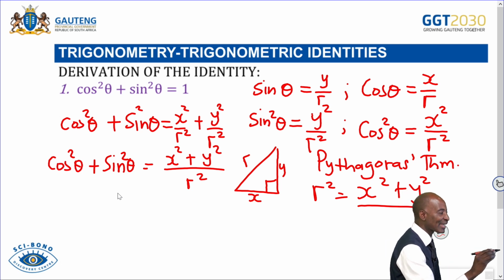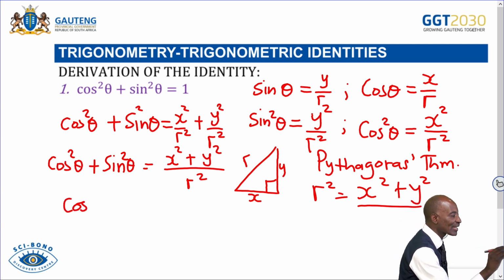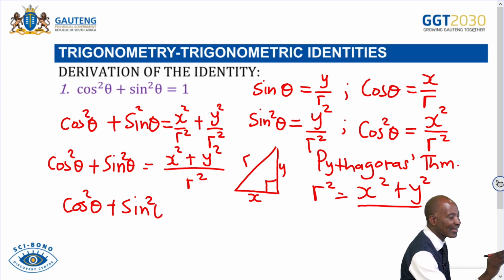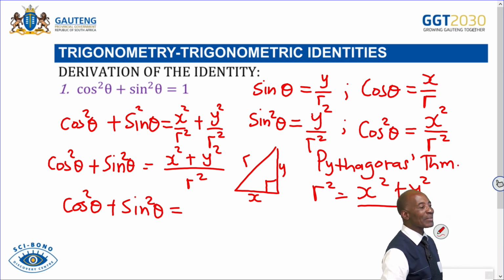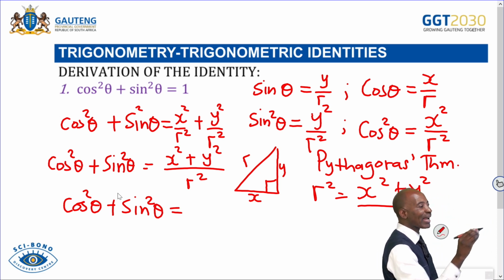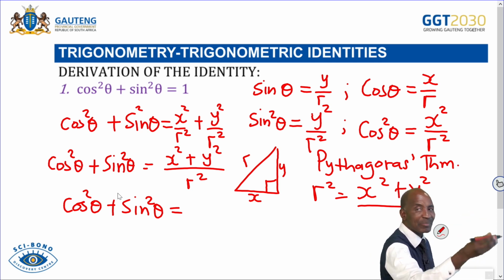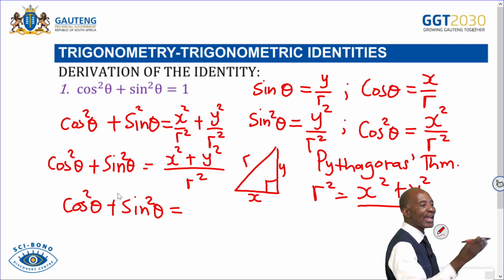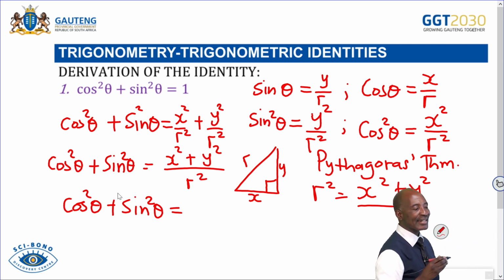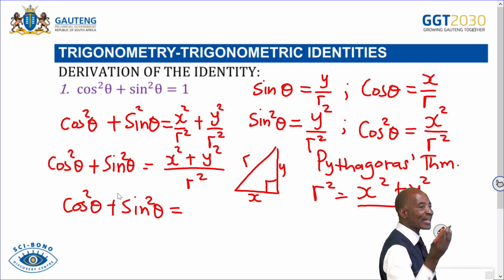Therefore, what are we saying here? We are saying cos squared theta added to sine squared theta is equal to, I'm going to replace my x squared plus y squared using r squared, because I have established that relationship amongst those three in a right-angled triangle, wherein Pythagoras' theorem applies.